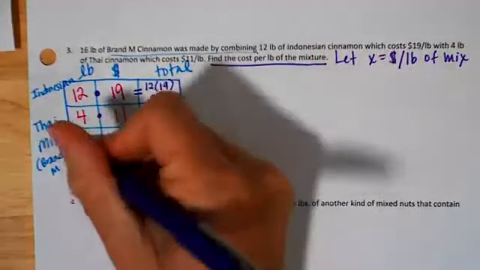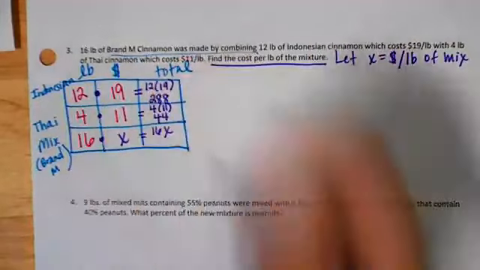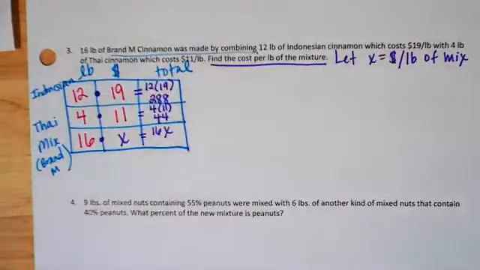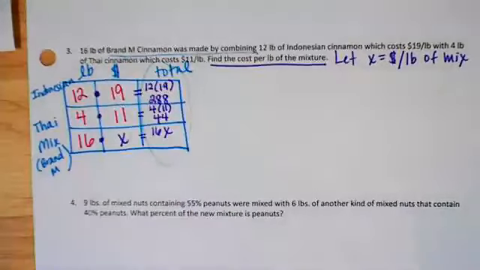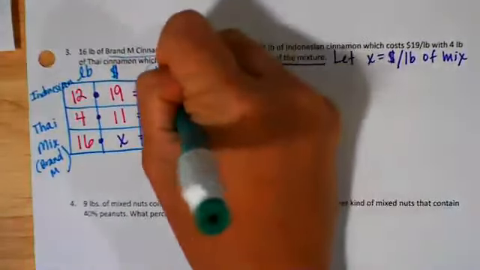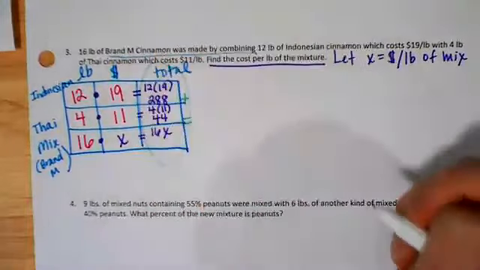Okay, so then working across again here, 16 times X is 16X. From here, the total column provides you with an equation. So working our way down, we're going to add and then make it equal.